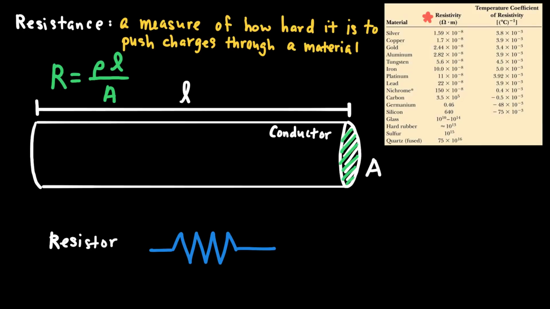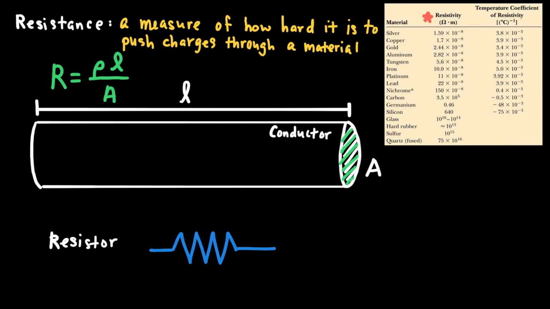And I hope when you looked at the chart for resistivity, you noticed that the units of resistivity was the Greek letter omega times meters. And if you look at the equation for resistance, it's resistivity times a length divided by an area.